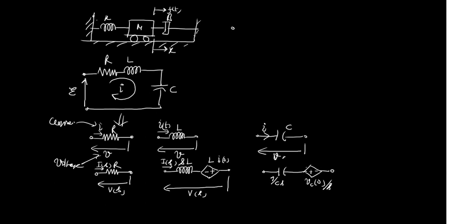Remember, last class I explained, for those who were present, that the voltage across this one is Vs and the current flowing here is Is. This is clear to you?